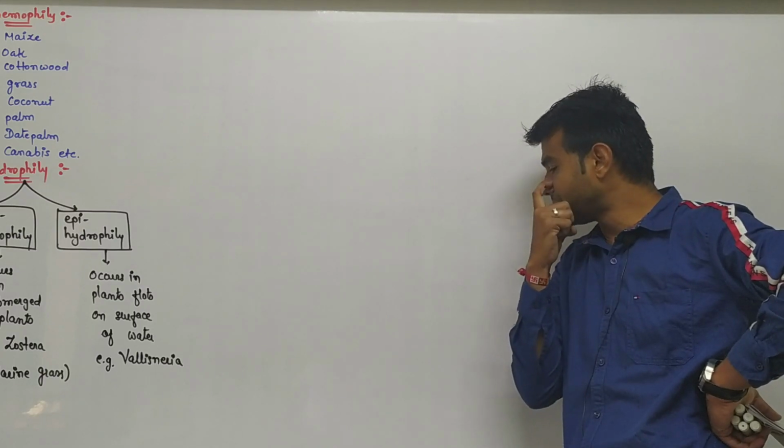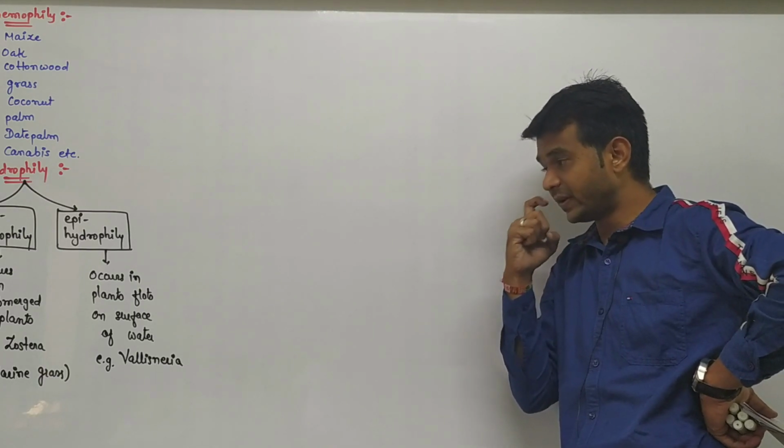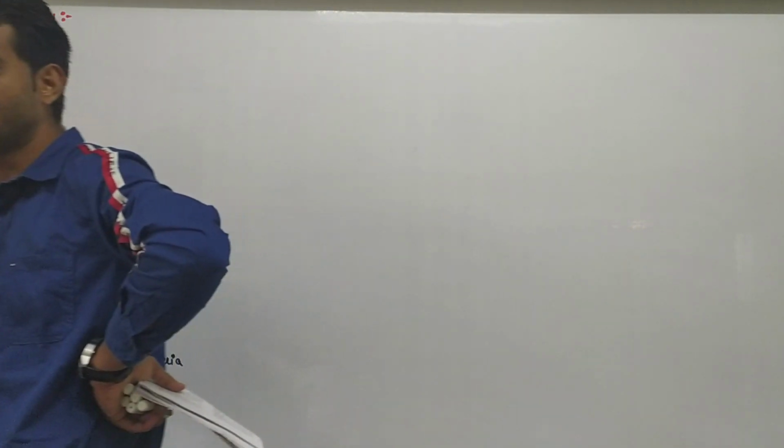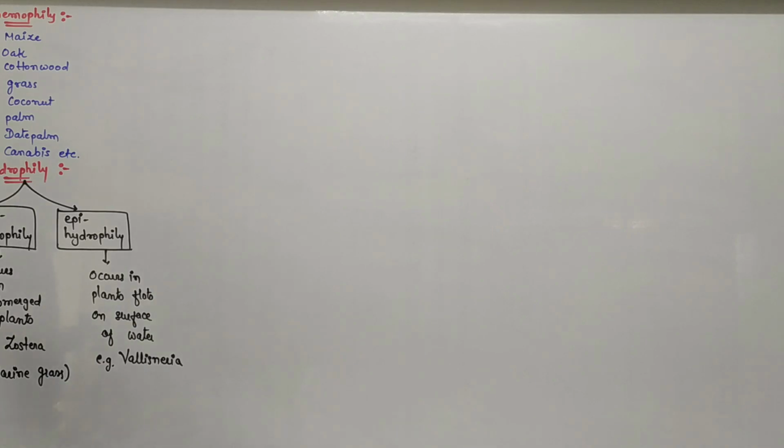So this special type of pollination occurs in Vallisneria. That theory portion is given in the book, that you know very well. Okay, so this is about hydrophily.